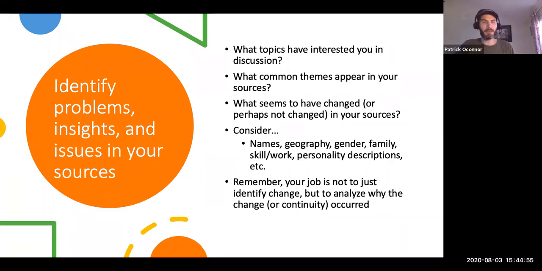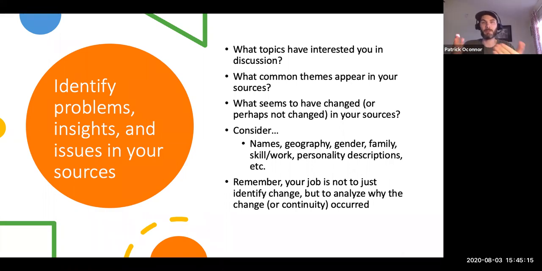And then more than anything, remember, I think this is something that a lot of folks get a little hung up on: it's not just your job to identify a change, right? But to analyze why the change or continuity occurred.